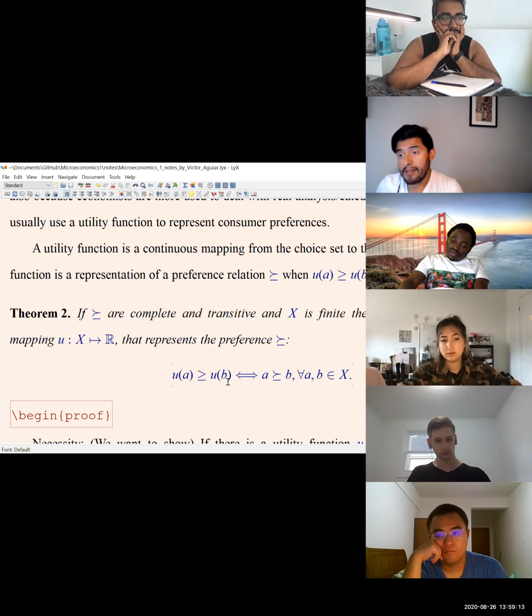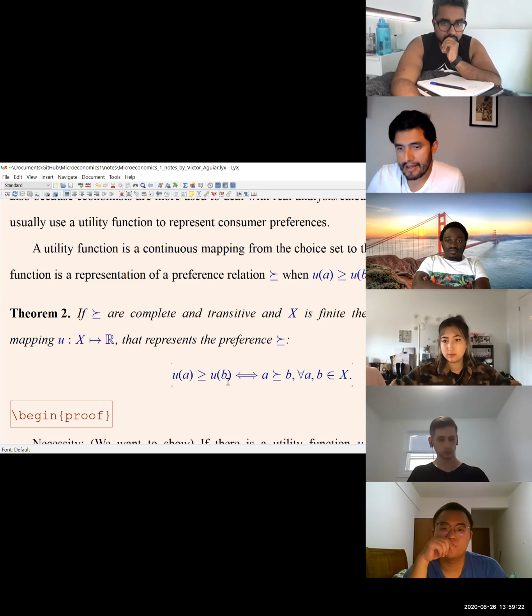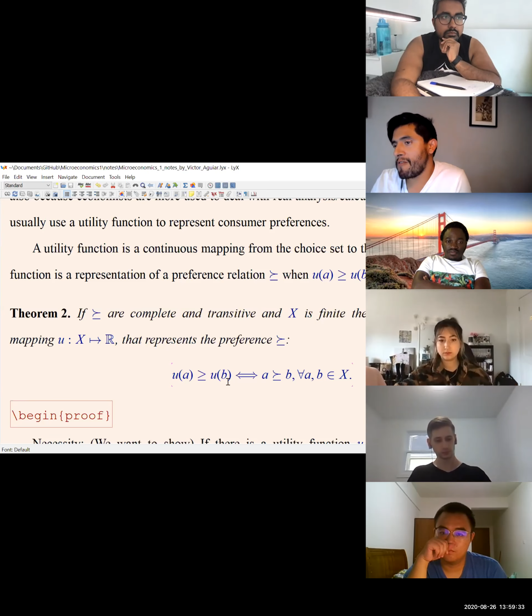So what it means is that all the ordinal information in preferences is captured by a utility function. Now, what is the trick? There is always a caveat. The caveat is that this only works for complete and transitive preferences. For any other preferences that are not complete or transitive, you cannot use utilities.